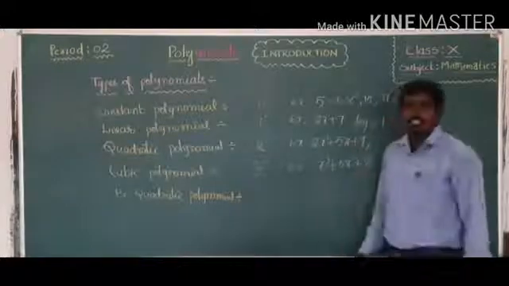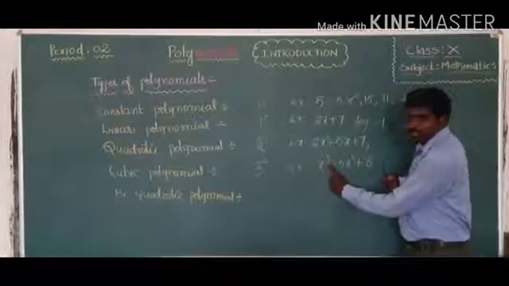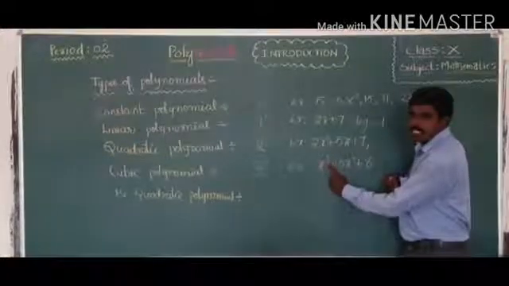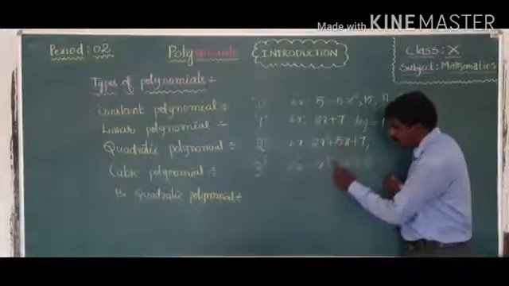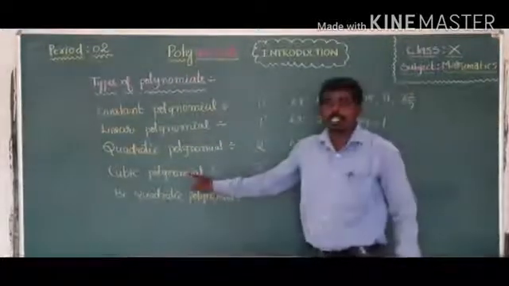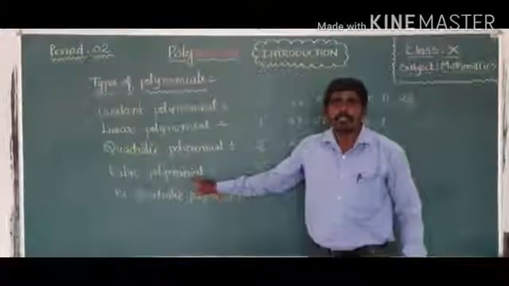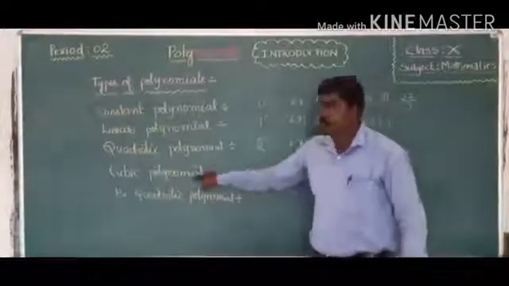Here the variable is x and the highest power is 3. So the highest power of the variable in this polynomial is 3, and this polynomial is called a cubic polynomial. A polynomial of degree 3 is called a cubic polynomial.